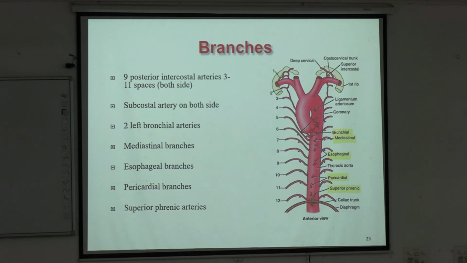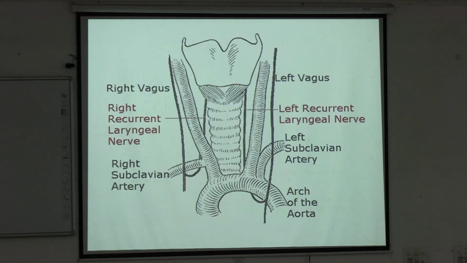Along with that, it gives some branches to the esophagus, which we call esophageal branches. It gives some branches to the mediastinum, which we call mediastinal branches. So, this is about the descending thoracic aorta. In examination, we ask about this artery or different parts of these arteries.